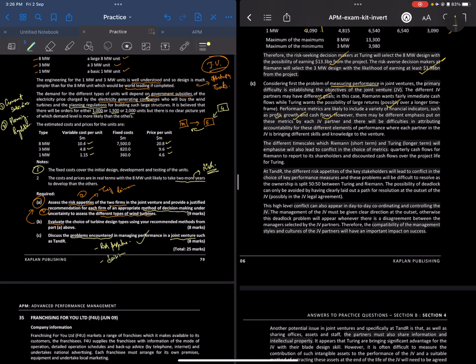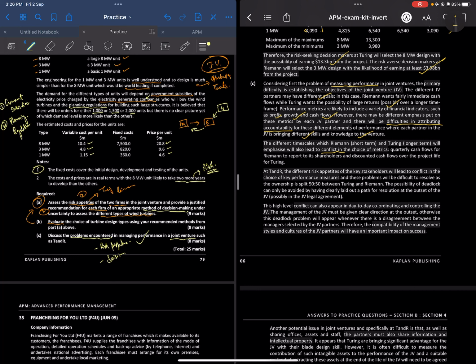There will be difficulties in attributing accountability for the different elements of performance, where each partner in the JV is bringing different skills and knowledge to the venture. The different time scales, Raymond short term and Turing long term, will lead to conflict in the choice of metrics.